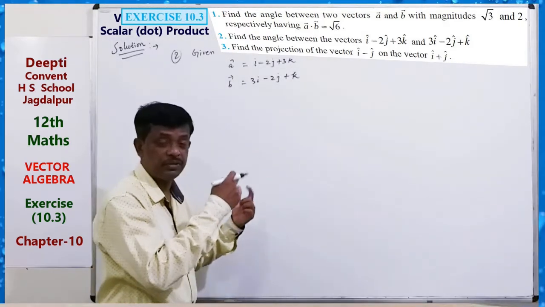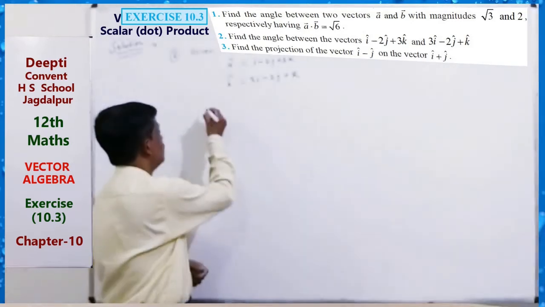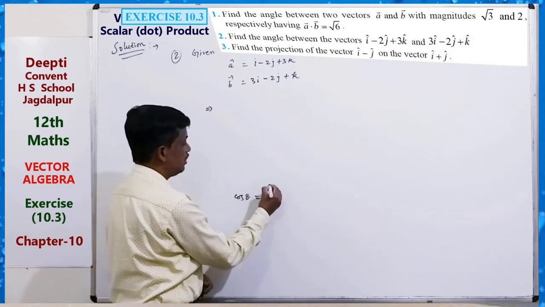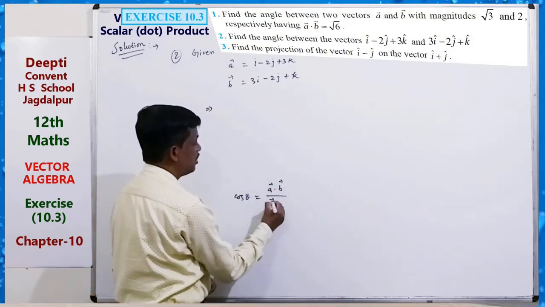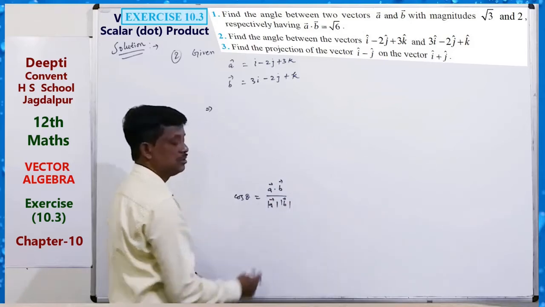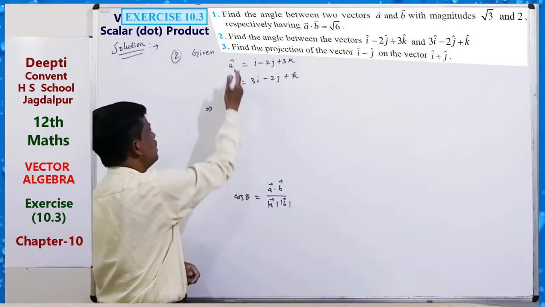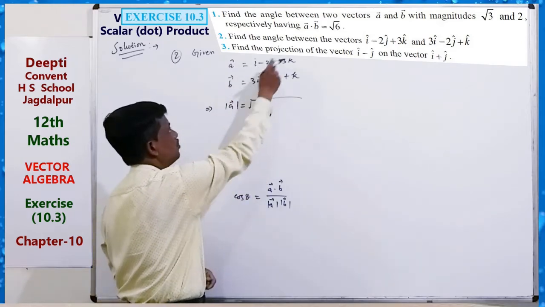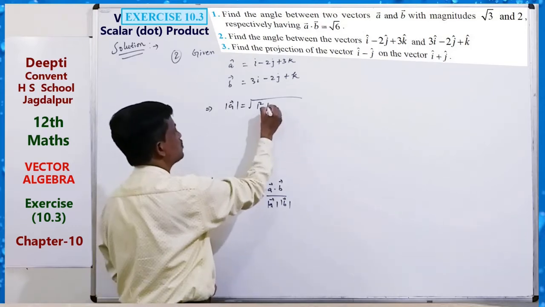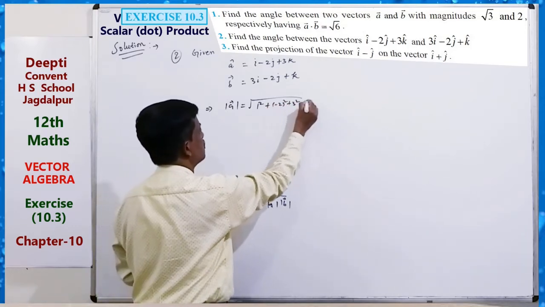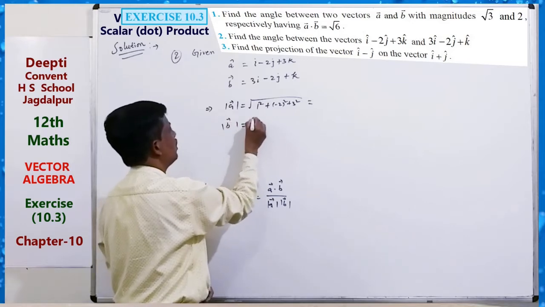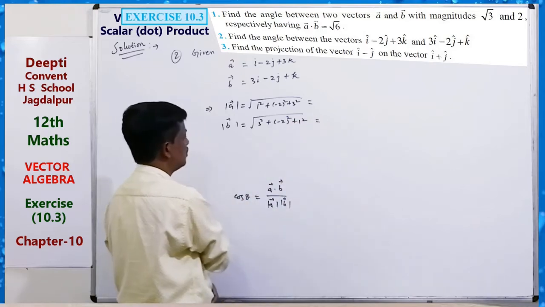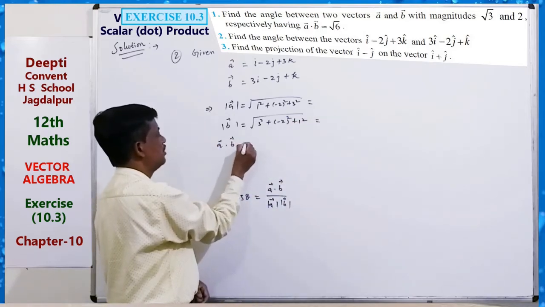For finding the angle we require three values: A dot B, mod A and mod B. We can find mod A as root of 1 squared plus minus 2 squared plus 3 squared, which is root 14. Similarly mod B is root of 3 squared plus minus 2 squared plus 1 squared, which is root 14.